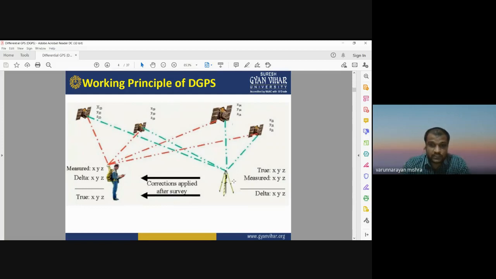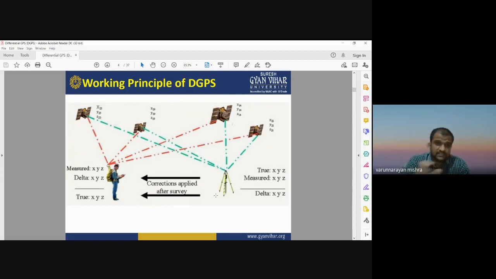It will measure the true xyz coordinate. That true value of xyz, meaning latitude, longitude, and elevation, will be compared with the xyz measured by the rover. That's why the errors in the rover will be rectified by using the fixed position of the GPS at the base station.